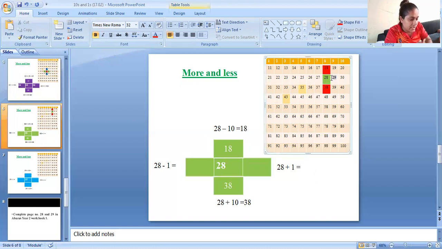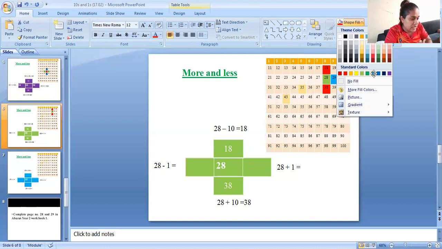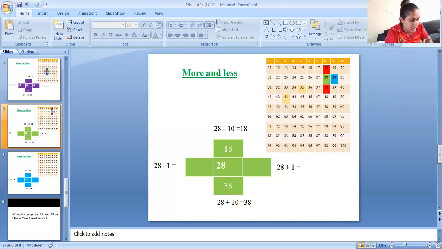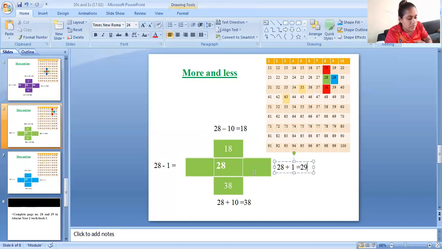The answer is 29. Here we write 29. So the answer which should come here is 29.